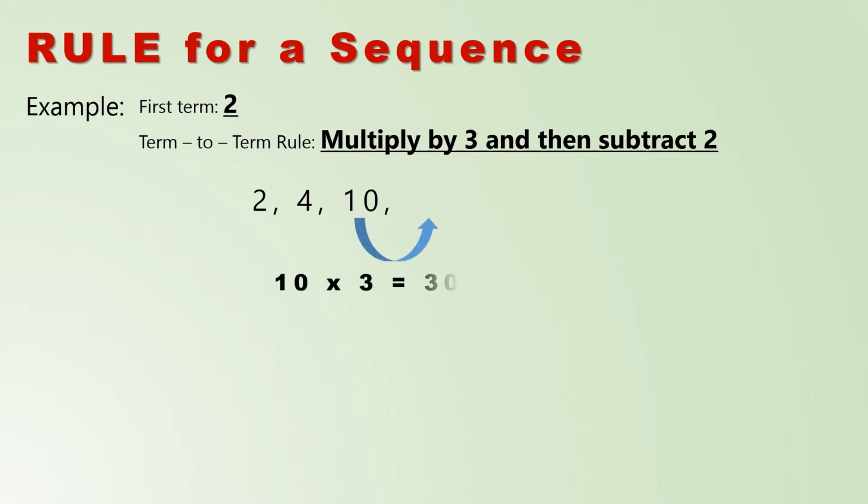In the similar way, to get the next consecutive term, we multiply 10 by 3, that gives 30, and then we subtract 2, that is 28. Now you can try and calculate the next term in the sequence after 28. Yes, you have guessed it correctly, it is 82.